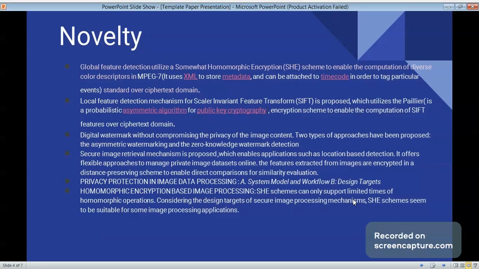And in the local feature detection mechanism, we have mentioned that scale invariant feature transform, SIFT, can be used. It can generate a public encrypted key which can be used to identify our data or our image's important features. And in SIFT, what we do is basically identify the important pixels and create a small circle ring around them.